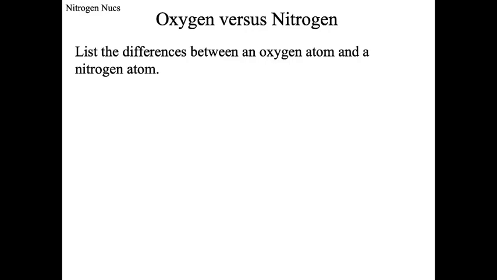If nitrogen is less electronegative than oxygen, how is that going to define its chemistry? It's going to make less polar pi bonds. So first, before we start addressing the reactivity, maybe you should frame it.